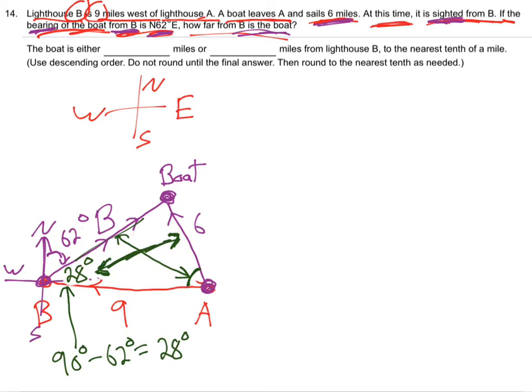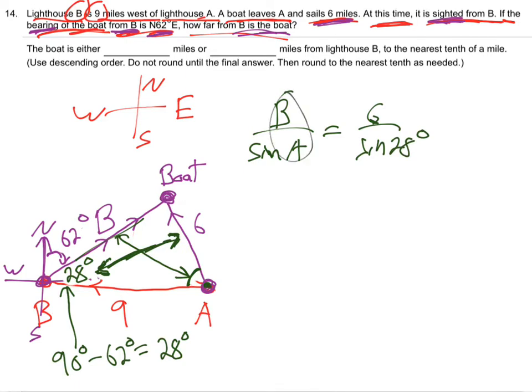That'd be no good. If I called this angle A or whatever, if I said, well, B over the sine of angle A is 6 over the sine of 28 degrees, that's not going to go anywhere. There's two unknowns, right? I can't do that. Do you see the problem with that?